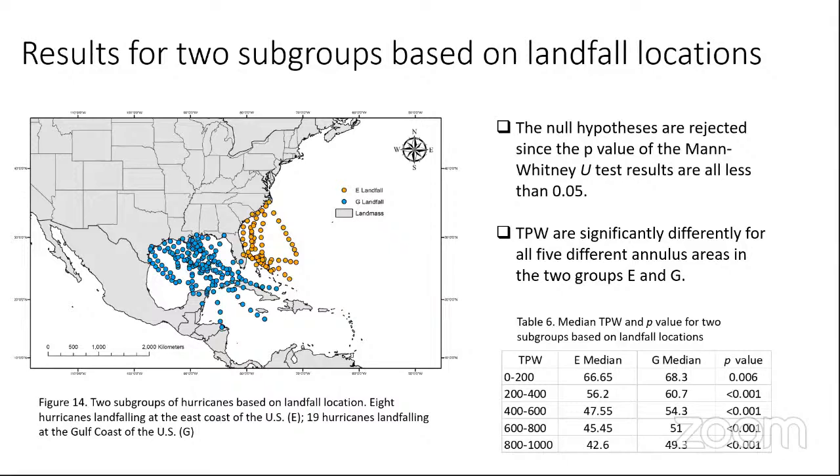Through the MSWEP test, we also rejected the null hypothesis. So the TPW is significantly different for all the 5 annulus regions in these 2 groups, E and G. We can also see that the median moisture for hurricanes landfalling at the Gulf Coast of the United States is higher than for those landfalling at the east coast.